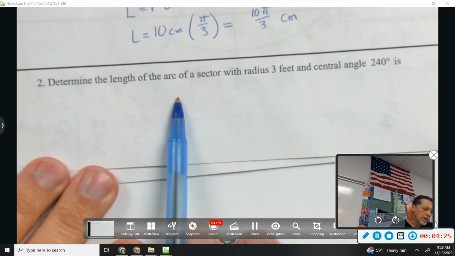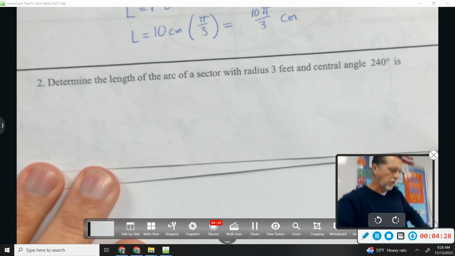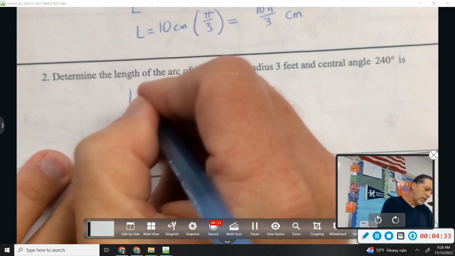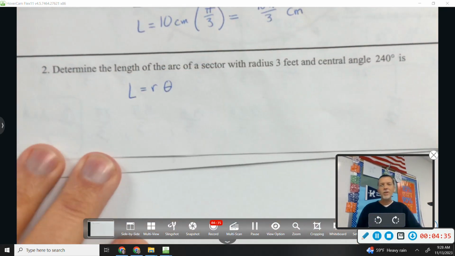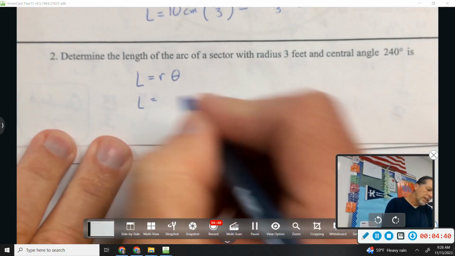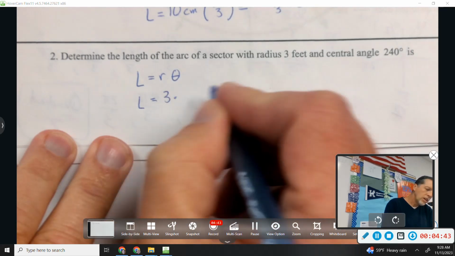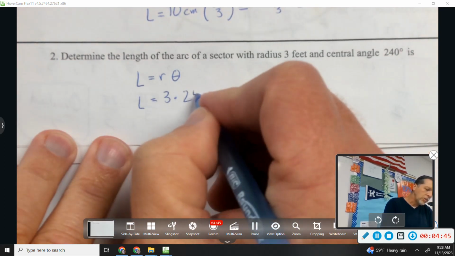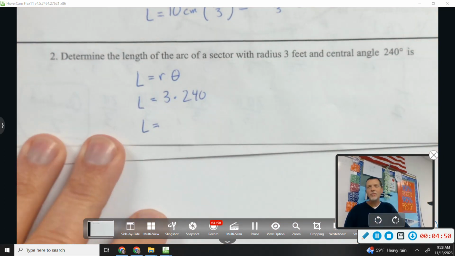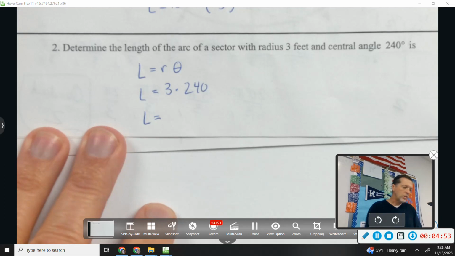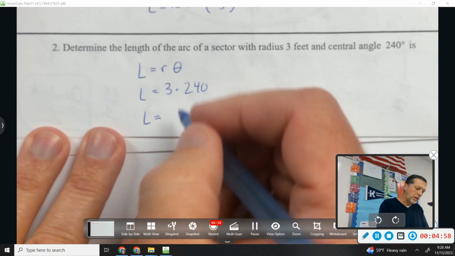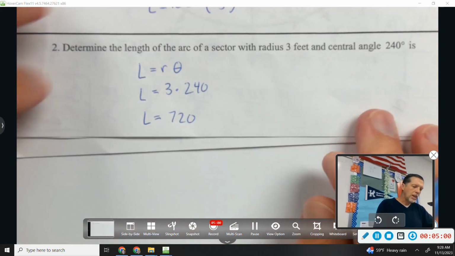Number 2, determine the length of the arc of a sector with radius 3 feet and a central angle of 240 degrees. Well, let me do it wrong first, and if you're paying attention, you'll catch the wrongness. The length is, so you're just cruising along. Radius is 3, angle's 240. And yeah, it needs to be in radians. But if you're not paying attention and you're just cruising through and not really understanding the formula, 3 times 240 would be 720.